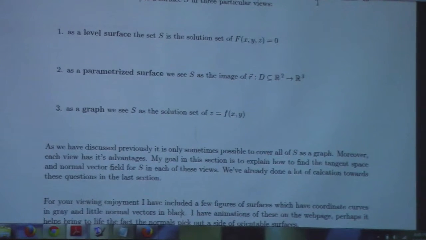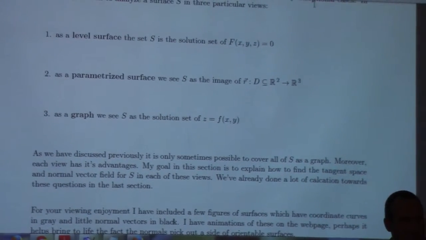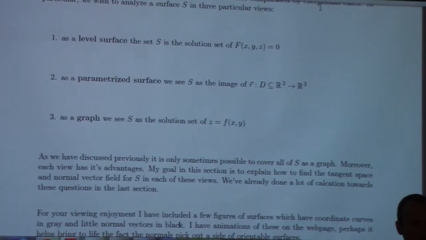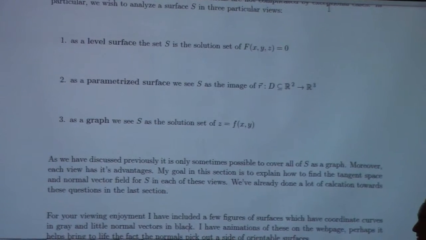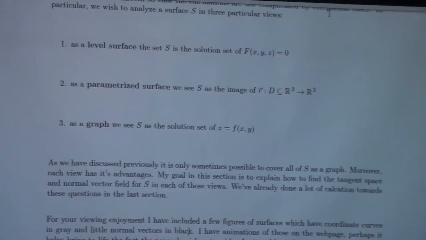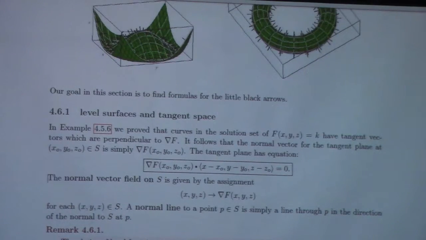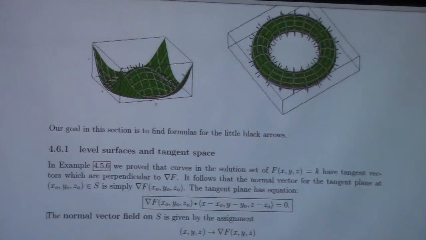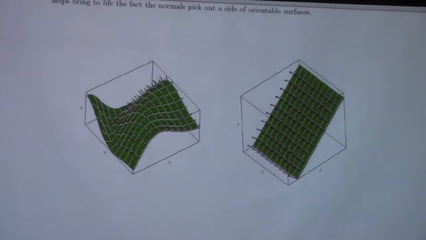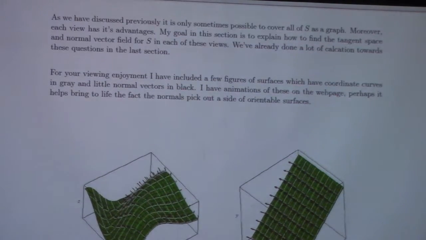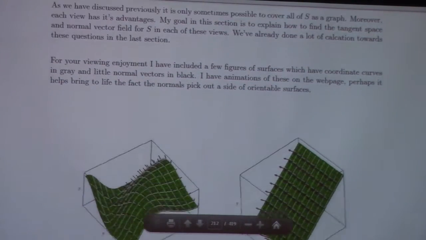Okay, so again, you have these three ways to describe a surface: level surface, parametrized surface, and a graph. Here's a picture of the idea. In each case there are different tangent spaces at different points.